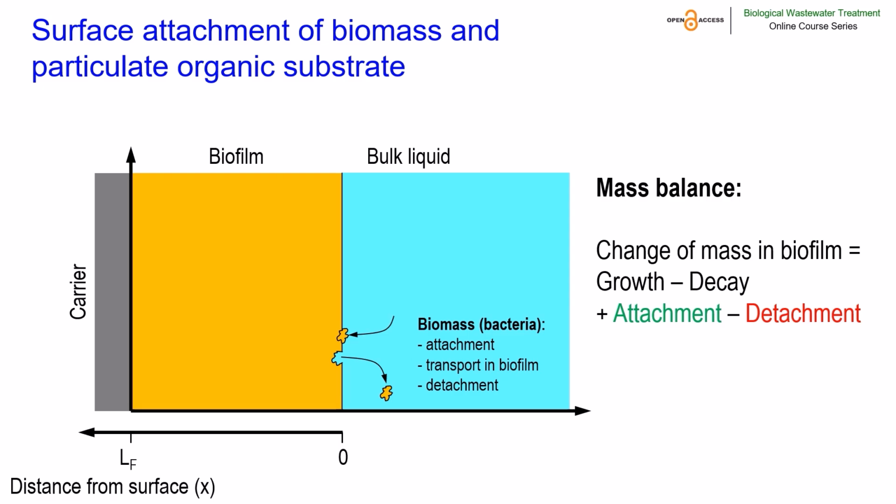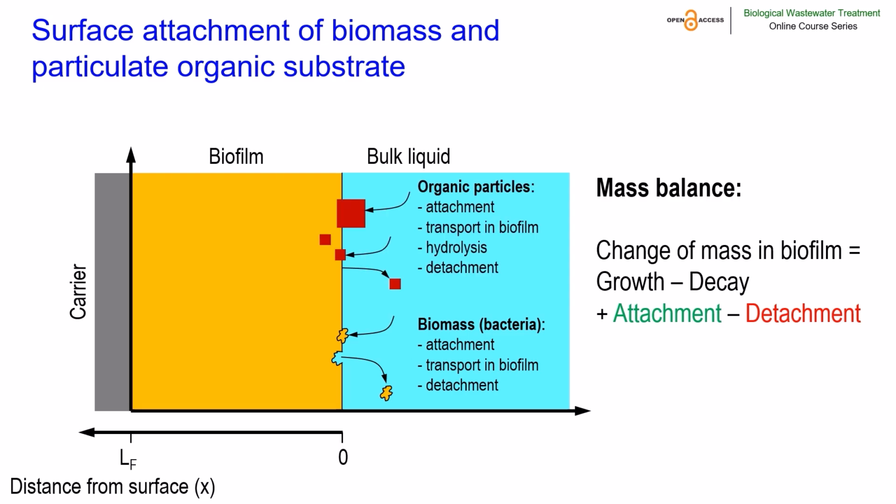Next, we need to consider a certain movement of bacteria within the biofilm. And then we also need to consider attachment and detachment of particulate organic matter to the biofilm surface and transport and hydrolysis of particulate organic matter in the biofilm.